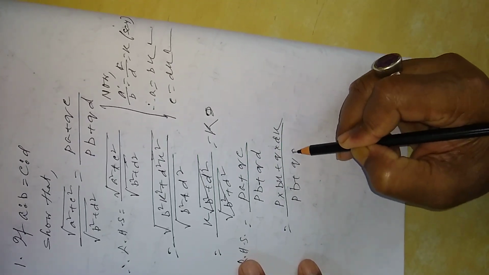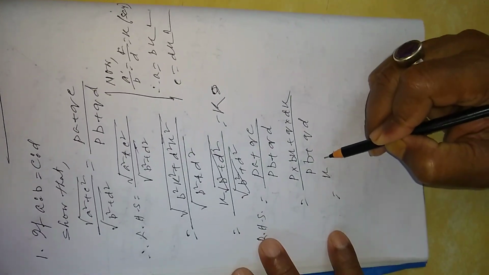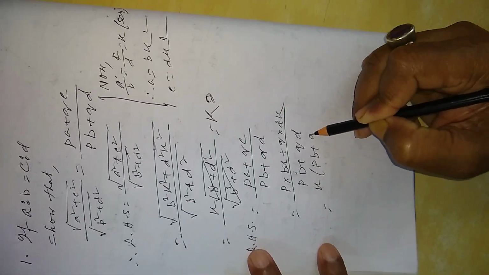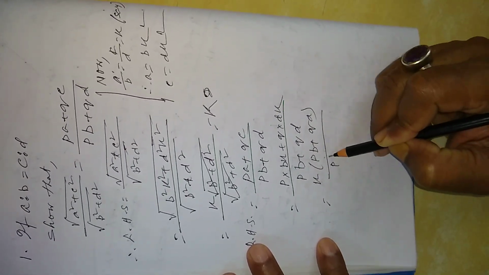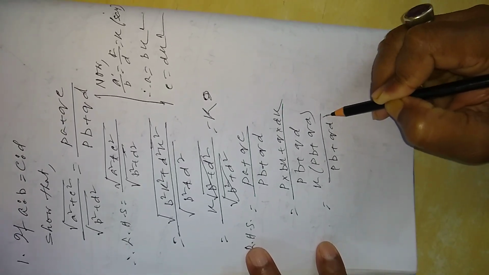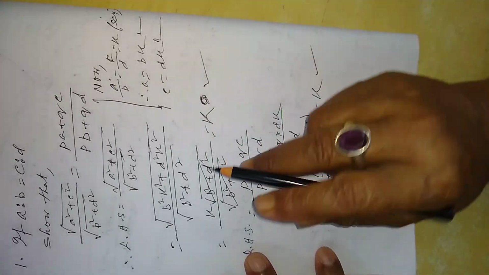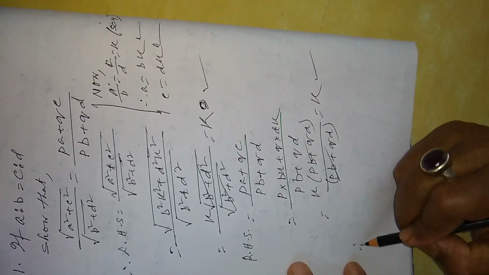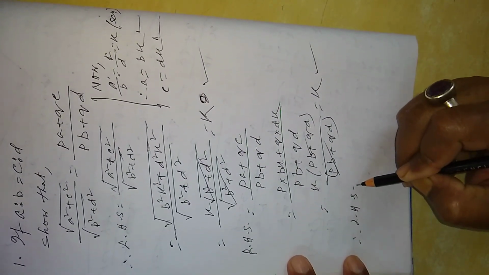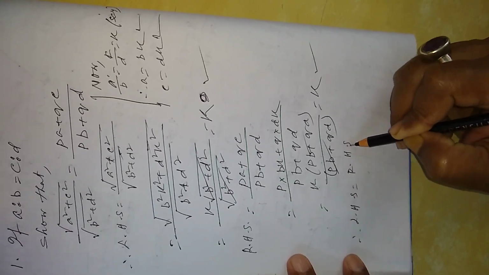K into PB plus QD divided by PB plus QD is equal to K. So here left hand side is K and right hand side is K. Therefore left hand side is equal to right hand side.